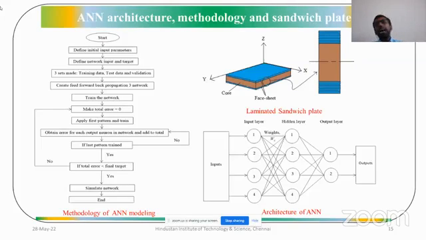As our brain works, this ANN also works. How? Say today the temperature is 40 degrees Celsius, yesterday was 39, the day before yesterday was 38. So we can predict tomorrow's temperature will be nearby 41 or 42 degrees Celsius.